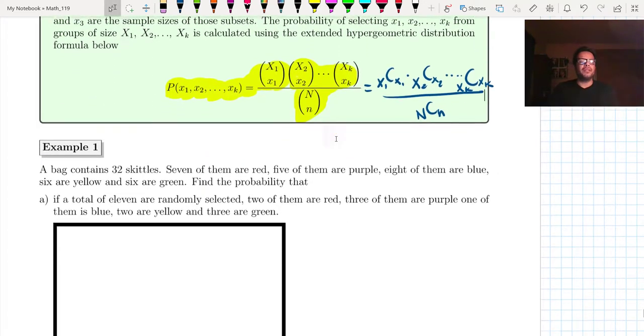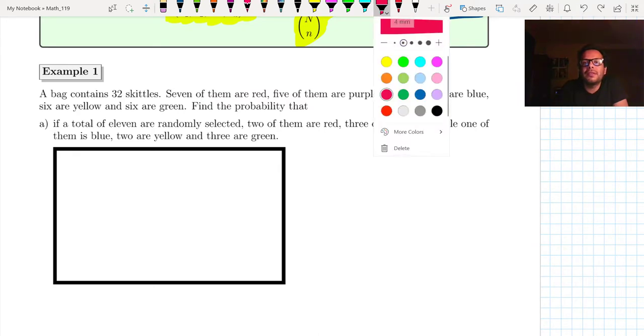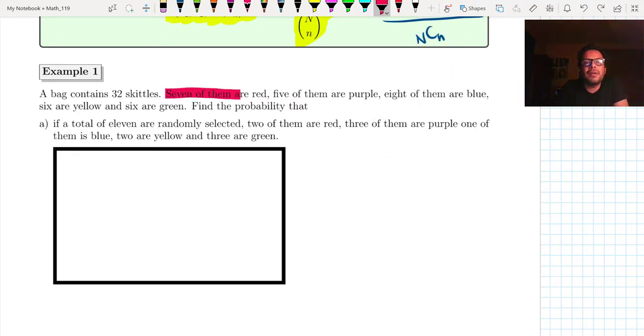Okay, so let's look at an example. I think an example would be better. We have a bag of Skittles. There's 32 Skittles, in which 7 of them are red, 5 of them are purple, 8 of them are blue, 6 of them are yellow, and 6 of them are green.